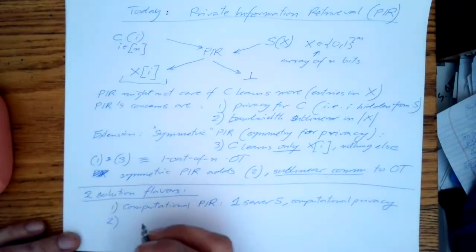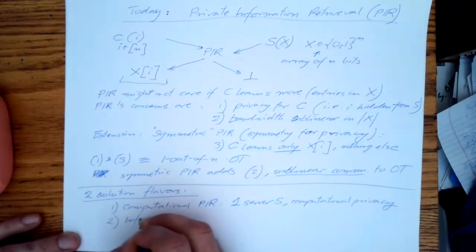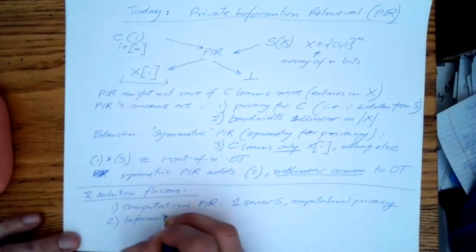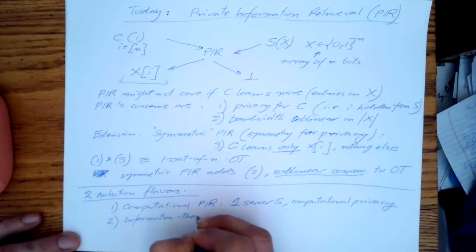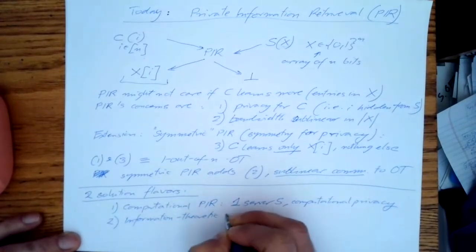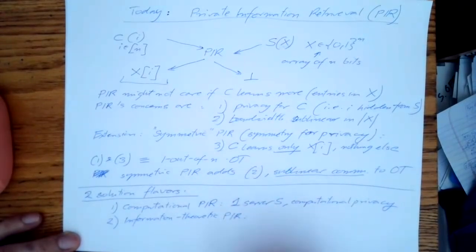The second flavor of solution is an information-theoretic PIR, without any computational assumptions.